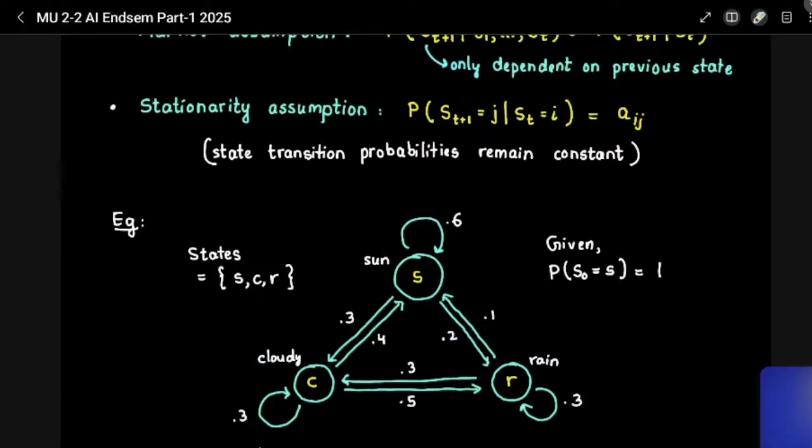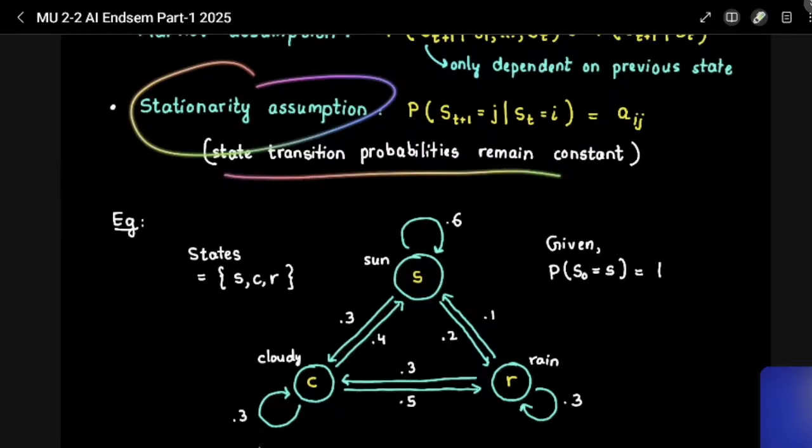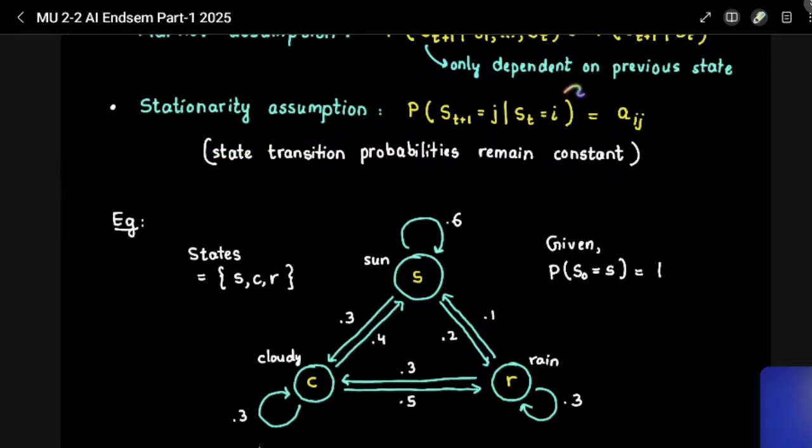These probabilities are said to be constant. So that is the assumption. They don't change. The transition probabilities remain constant. So given that at time t the state is i, what is the probability that at time t plus 1 the state becomes j?